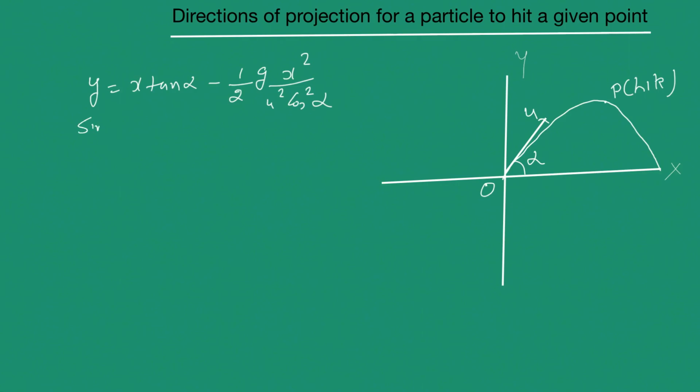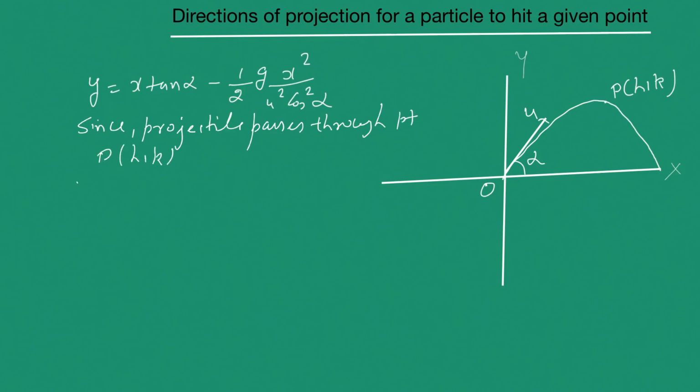Since the projectile passes through point h comma k, it will satisfy its equation.